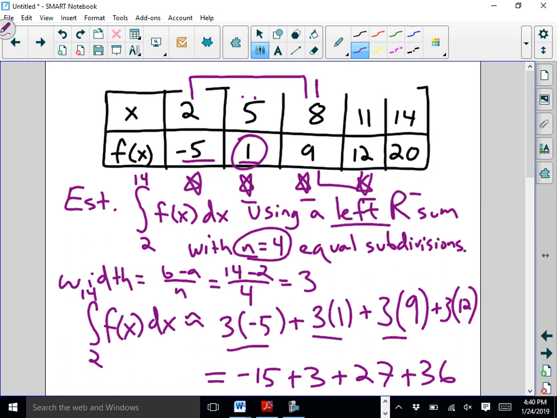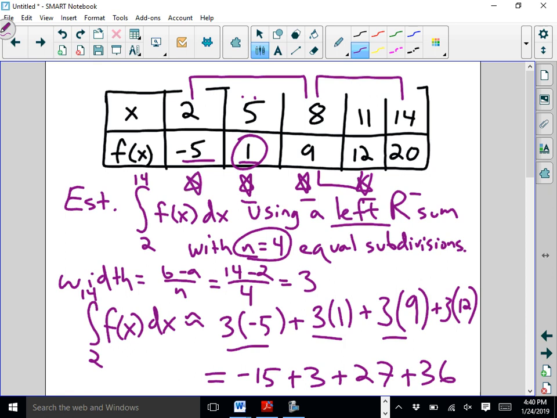Now this is convenient because now I actually have the midpoint, right? So my first subdivision has a width of 6. I would use -5 for a left Riemann sum. I would use 9 for a right Riemann sum, but I'm going to use 1. Right? I'm going to use 1 for my midpoint Riemann sum. In the next subdivision, I'm going to use 12 for my midpoint Riemann sum.